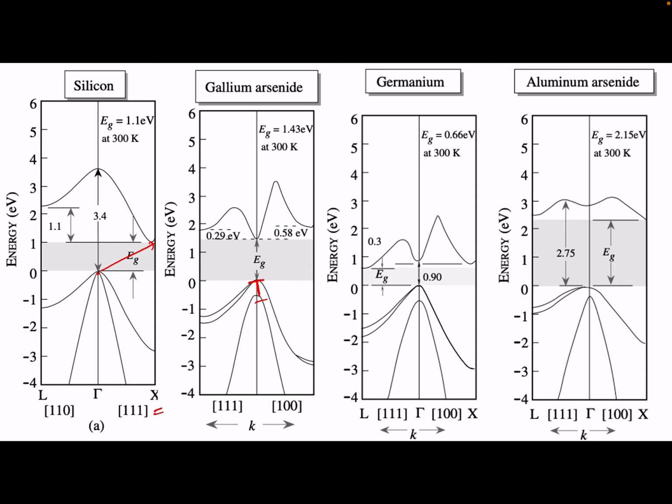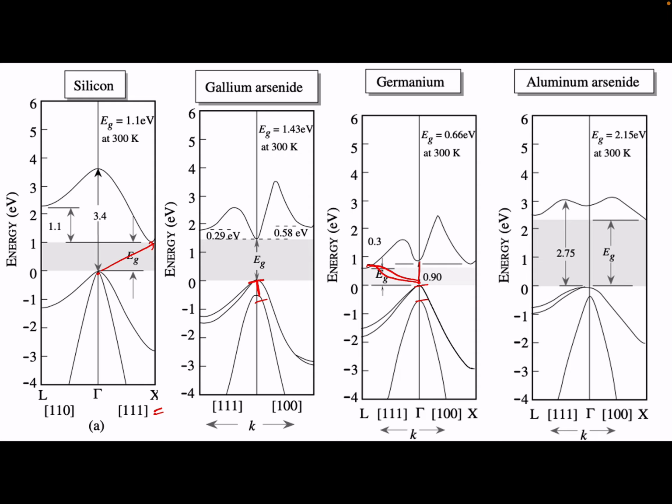For germanium, once again we have a spin split, and the band gap is actually indirect, but the direct band gap is not too far as well, right? In silicon, the direct band gap is too far. In germanium, it is still an indirect band gap, but the direct band gap is also not too far.